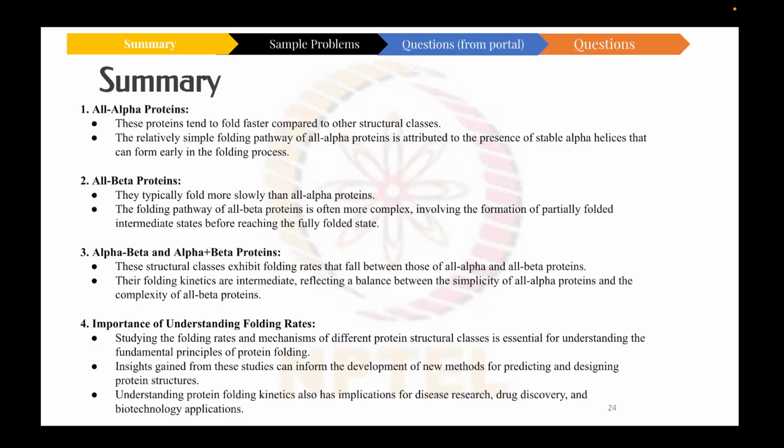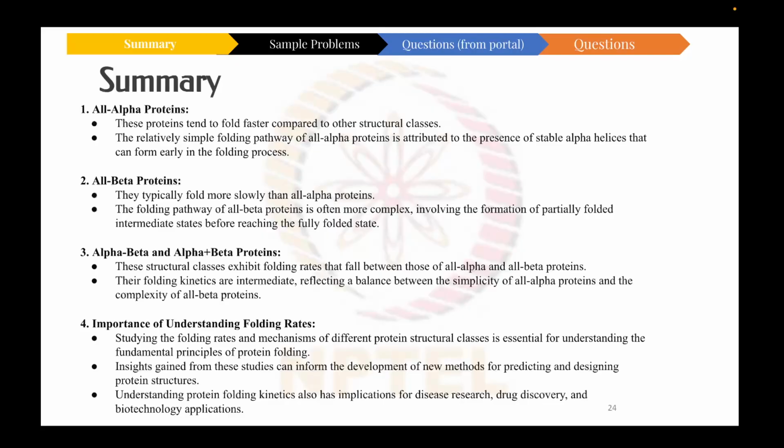All beta proteins have a predominant secondary structure composed of beta strands. They typically fold more slowly than all alpha proteins. The folding pathway of all beta proteins is often more complex, involving the formation of partially folded intermediate states before reaching the fully folded state. Then we have alpha/beta or alpha plus beta proteins.